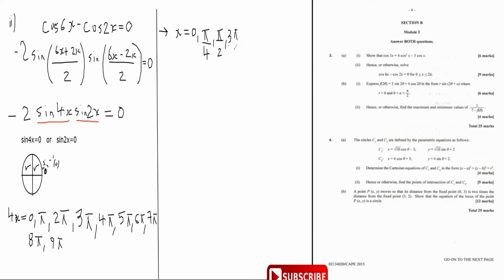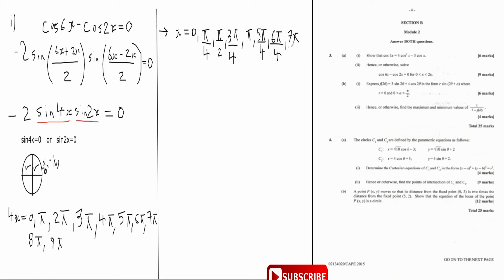Then 4 pi by 4 is pi. Then 5 pi by 4. Then 6 pi over 4, which we can simplify and write as 3 pi by 2. Then 7 pi by 4.